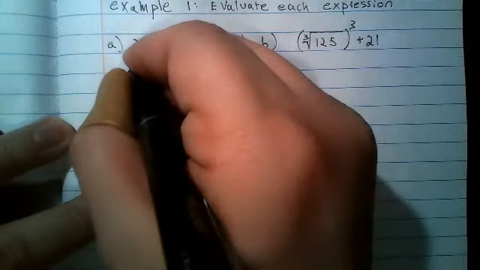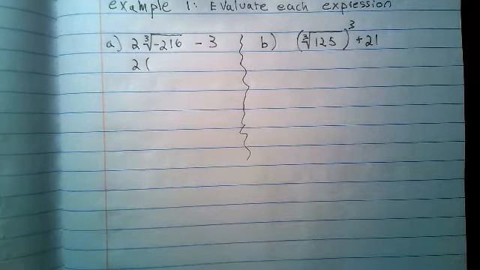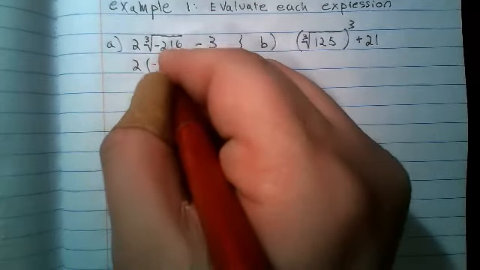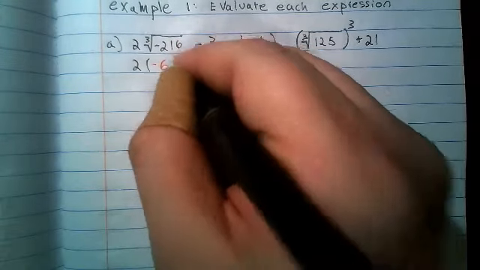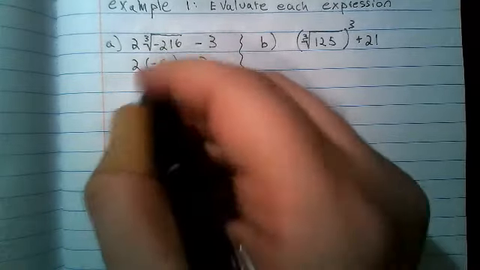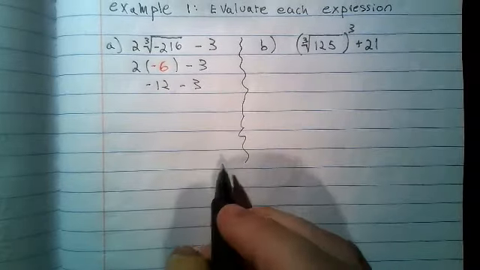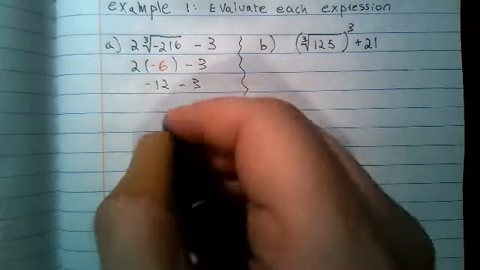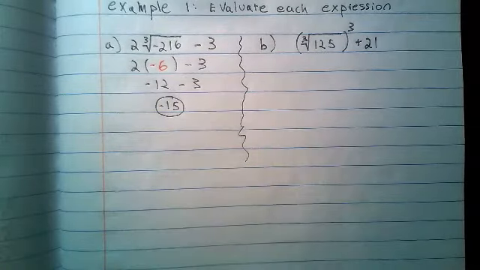So now I do this one step at a time. I've got 2 times negative 6 and then minus 3. 2 times negative 6 is negative 12 minus 3. Negative 12 minus 3 is negative 15. So there's that one.